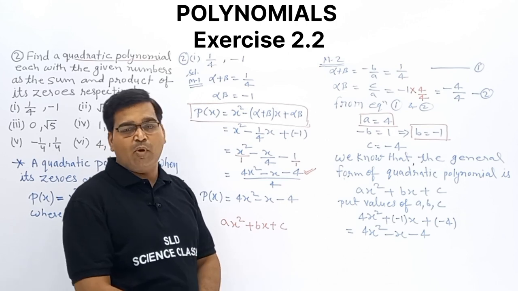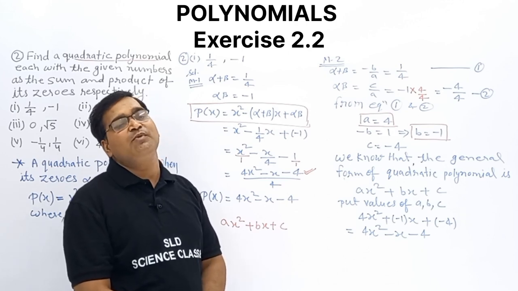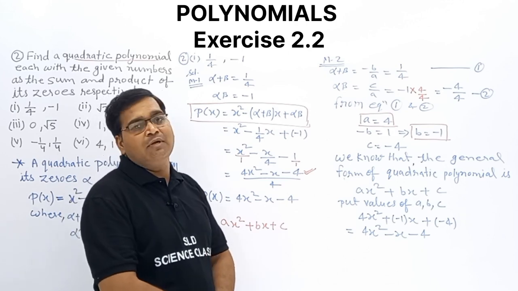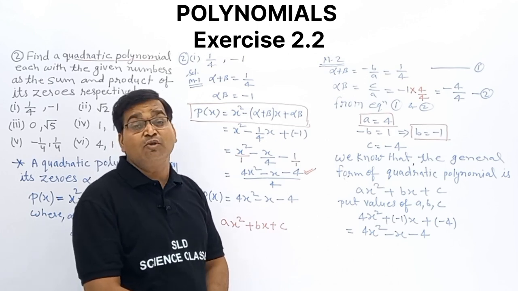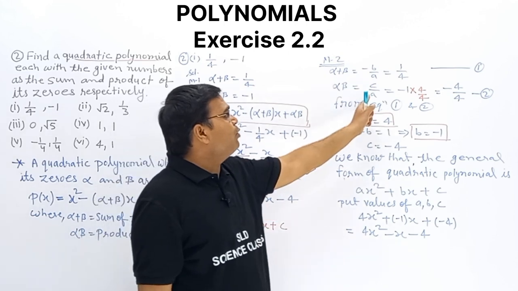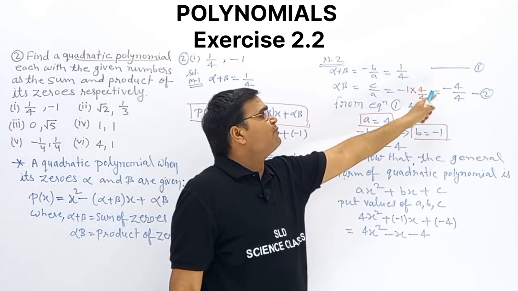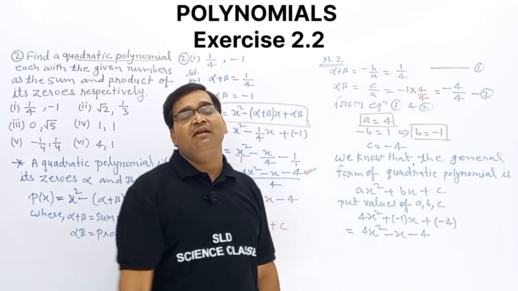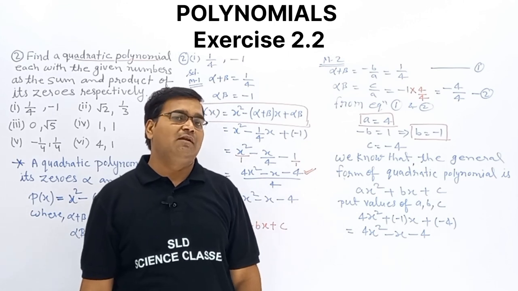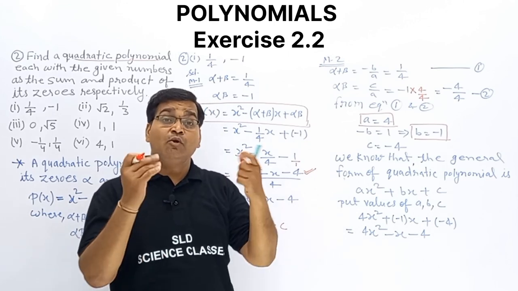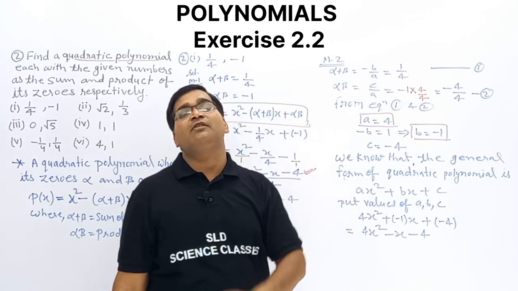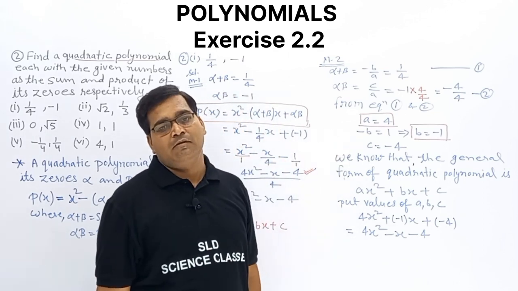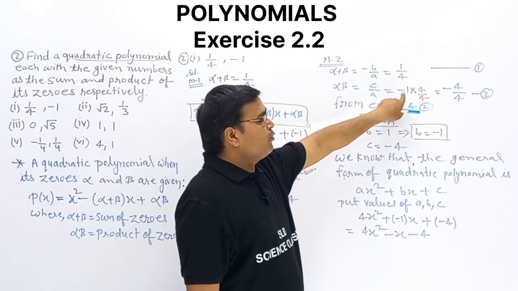Equation 1 is the sum of the zeros, minus b upon a, and equation 2 is linked to the product of the zeros, c upon a. In both formulas we are having denominator a. So whatever result we are having, first we should make the denominator part equal. How will we make the denominator part equal? We will multiply and divide by a number.